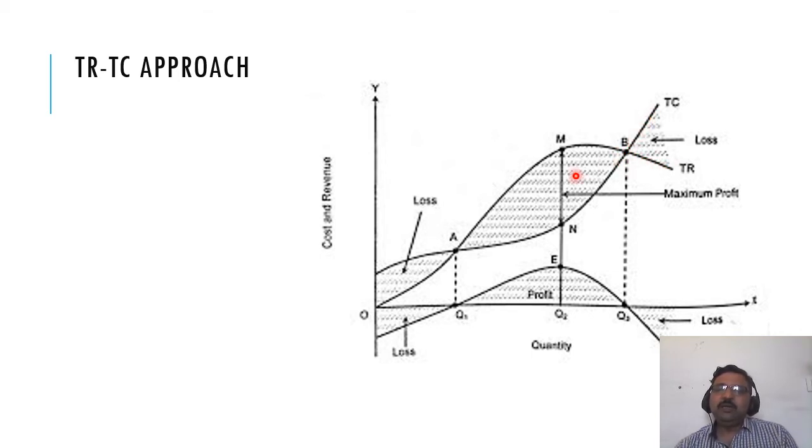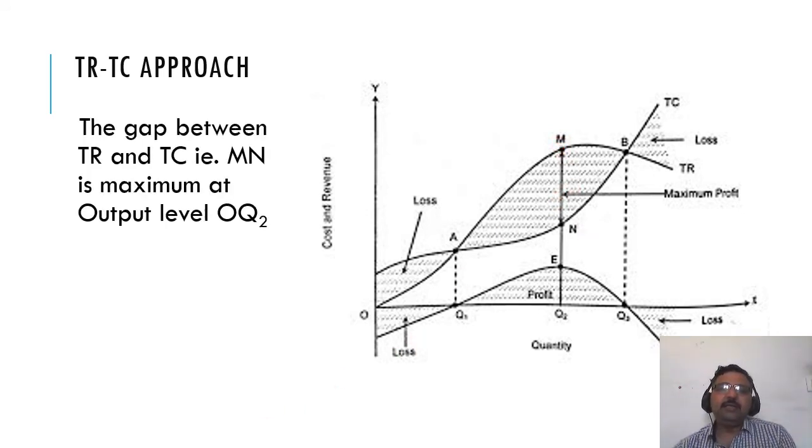So under the total revenue, total cost approach, the optimum output is at OQ2, and the maximum profit is MN. MN is the gap between TR and TC, and it is the maximum at output level OQ2.